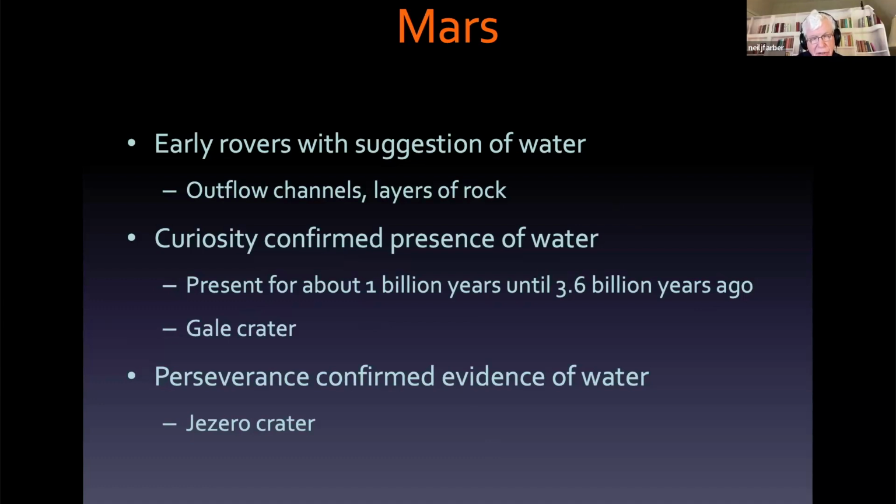It could have been due to multiple windstorms, but it sure looked like the presence of water. And Curiosity confirmed the presence of water. And we now know that Mars had water for about 1 billion years until about 3.6 billion years ago. And this is in the Gale crater. Perseverance also confirmed the evidence of water in the Jezero crater.